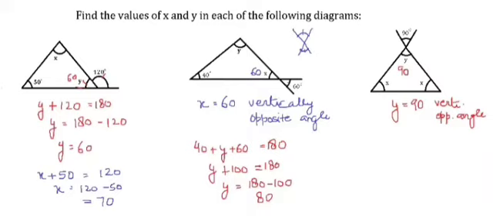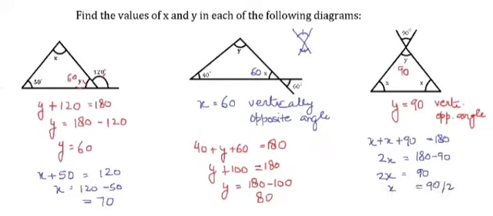So from here I can write x plus x plus 90 will give you 180. Now x plus x is 2x and 90 is subtracted on the other side, so it will be 180 minus 90, or 2x can be written as 90, or x, now 2 will be divided on the other side, so 90 upon 2, that is 45. So the value of x is 45.